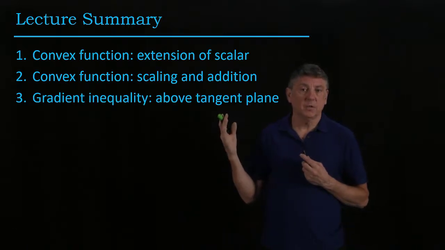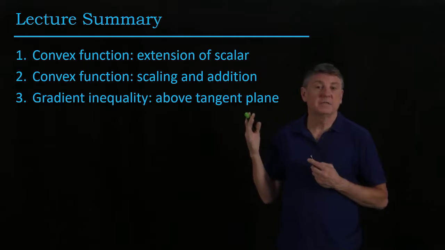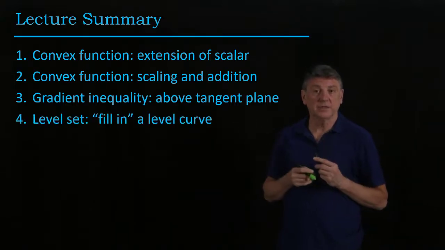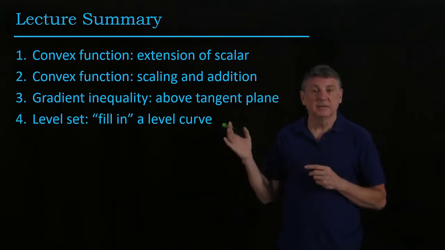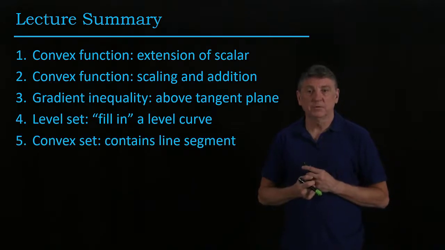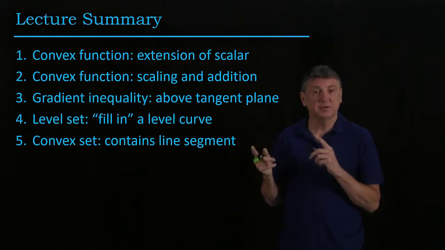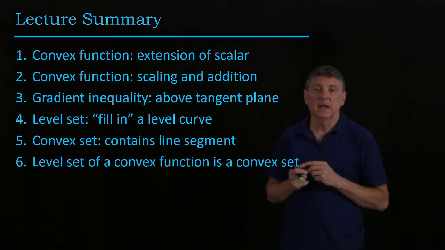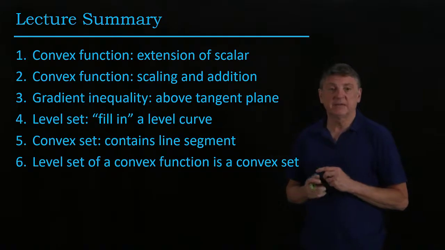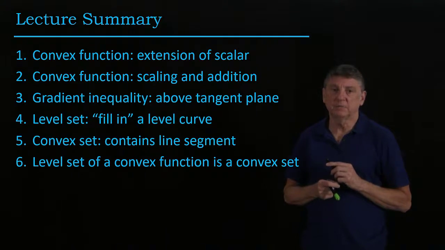The gradient inequality states that any convex function lies at or above its tangent plane in the local region, and a level set fills in a level curve. We observe that a convex set has to contain a line segment that connects any 2 points that are within the set, and the level set of a convex function is a convex set. This is something that we didn't prove, but it's a really important property that we'll rely on later.